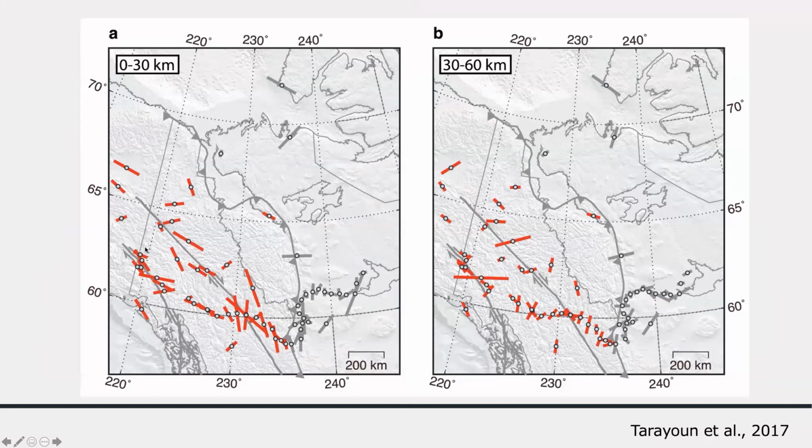So this is 0 to 30 kilometers receiver functions, where they looked at the transverse channel and calculated the fast axis orientation. And what we see is roughly crustal anisotropy oriented along the tectonic fabric here. We can go from 30 to 60 kilometers depth, and we don't see it as much, but 0 to 30 kilometers depth, we definitely see it.